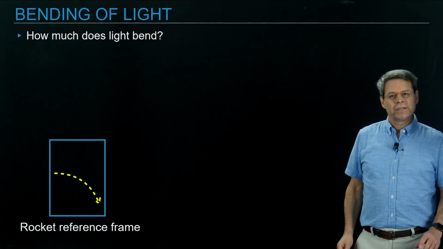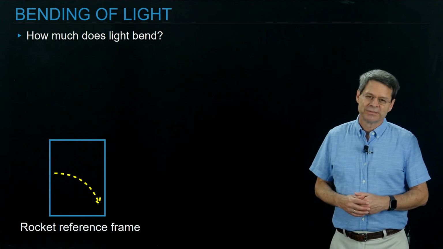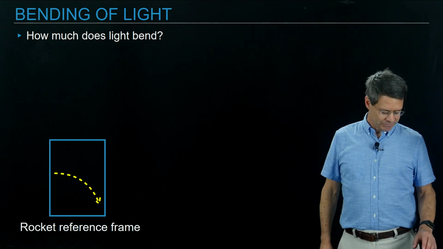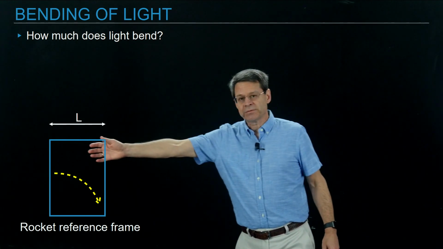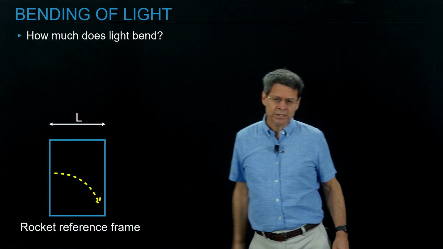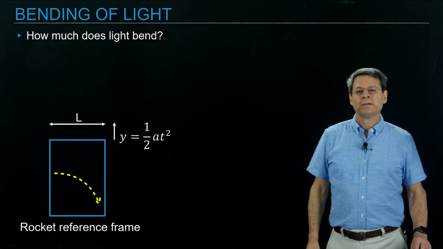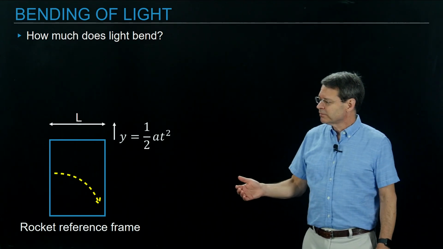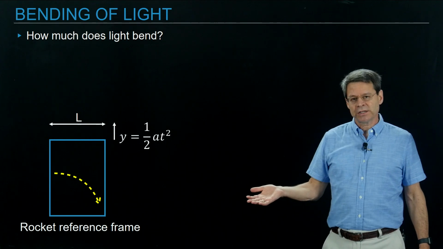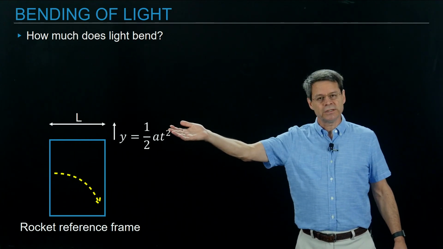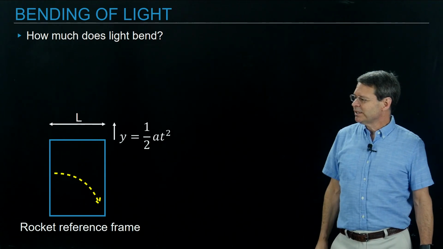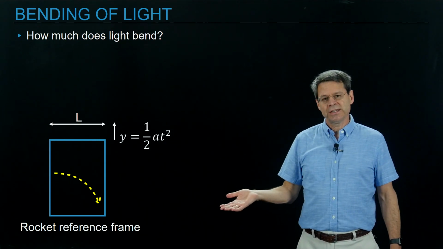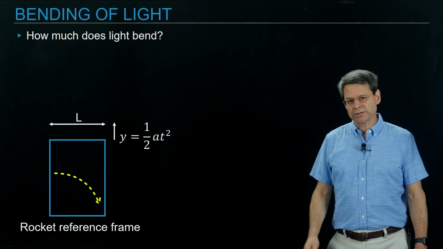Okay, we can ask, well, how much does light bend as it crosses that accelerating frame? So let's give the width of this rocket a length L, and the amount that the rocket will move vertically in the y direction, in some time t at a constant acceleration a, is 1/2 a t squared.